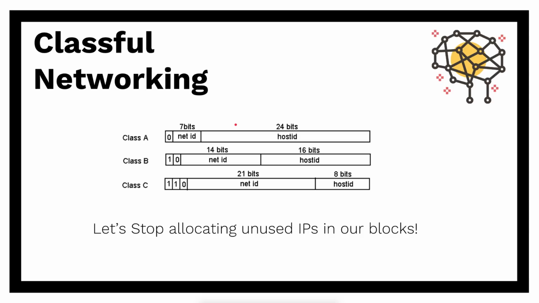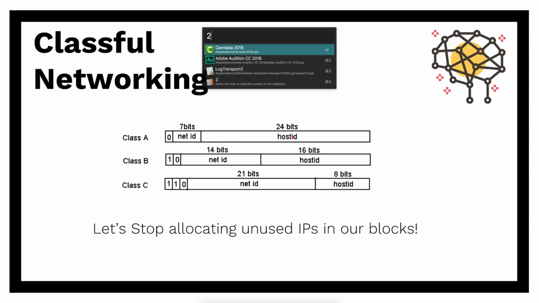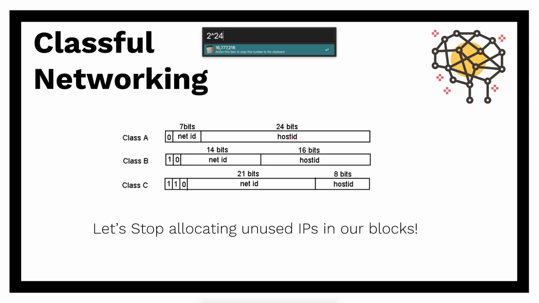But we have 24 bits, which basically says that we are leaving 24 bits of available IP addresses. In other words, this means 2 to the 24, which is 16.7 million IP addresses within this range. When we have 16 bits for the host ID, that's 2 to the 16, which is 65,536, I believe. And Class C is going to be 2 to the 8, which is 256.